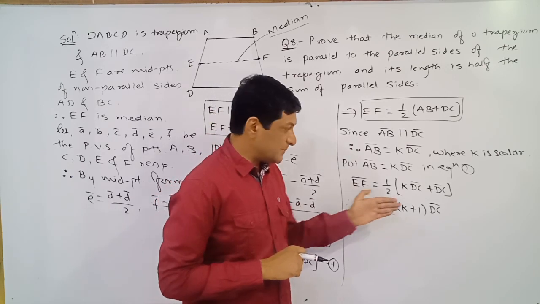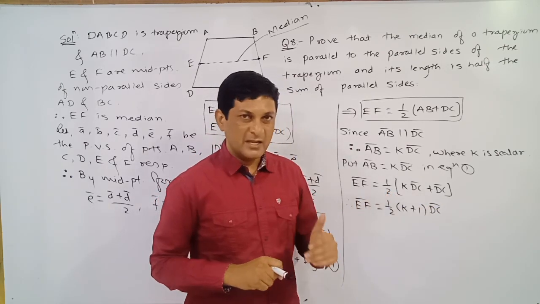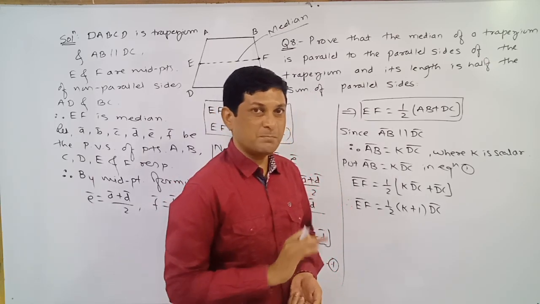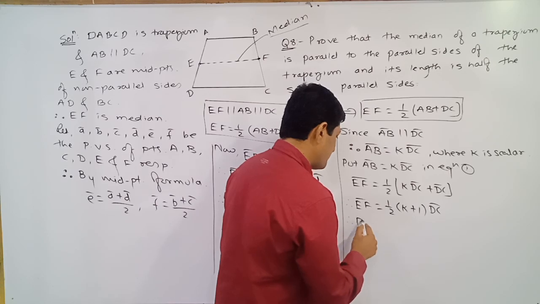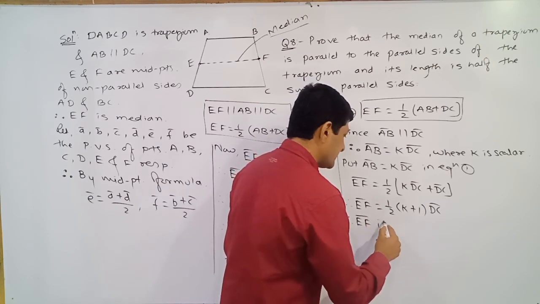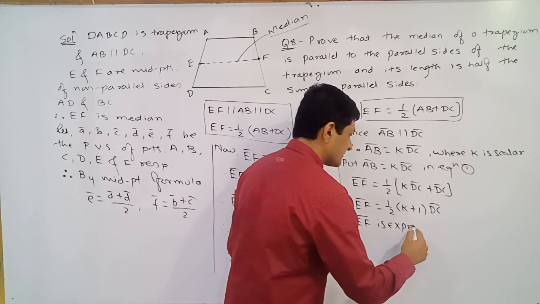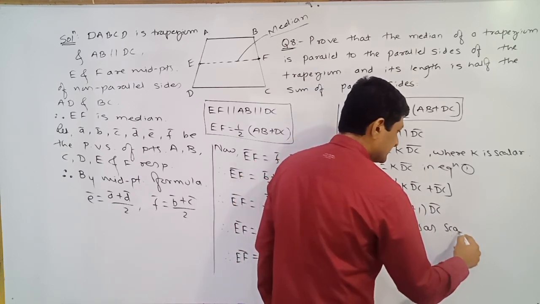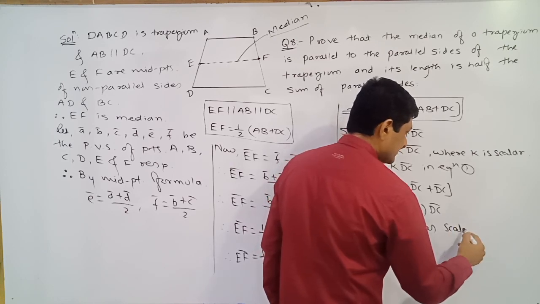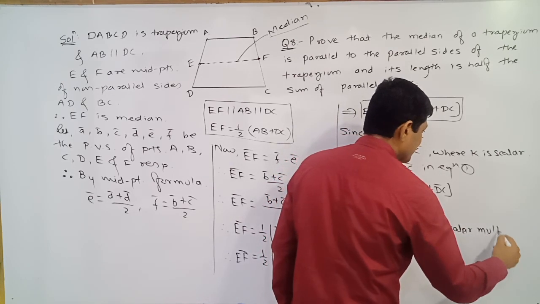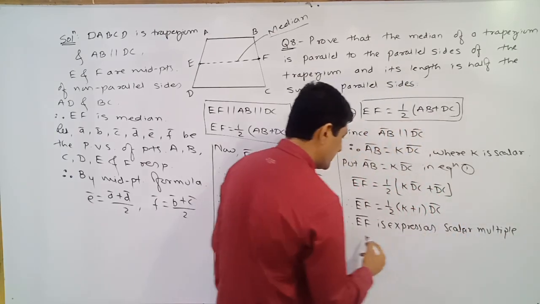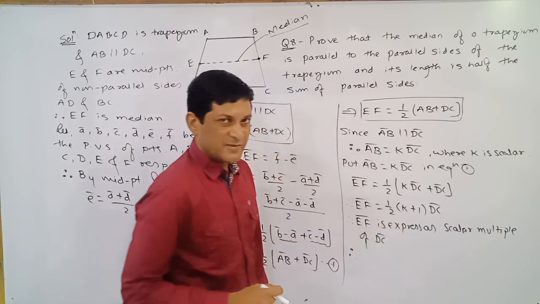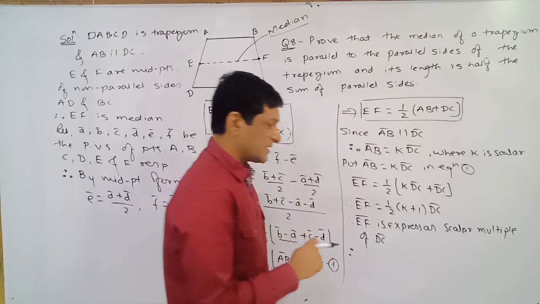Means what result have we got here? EF bar is expressed as scalar multiple of DC bar, and we know that if one vector is expressed as a scalar multiple of another, at that time two vectors are parallel.